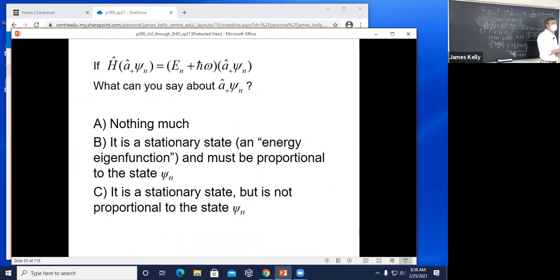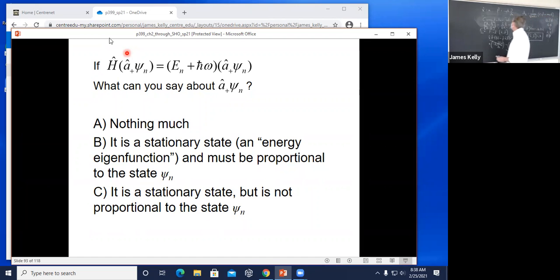It's a stationary state because we already knew psi n was a stationary state, but it's just a multiple of it, like 7 times that same state again. What would that mean when we operate with H on 7 times the original wave function? Yeah, we would get the same energy eigenvalue back, right?